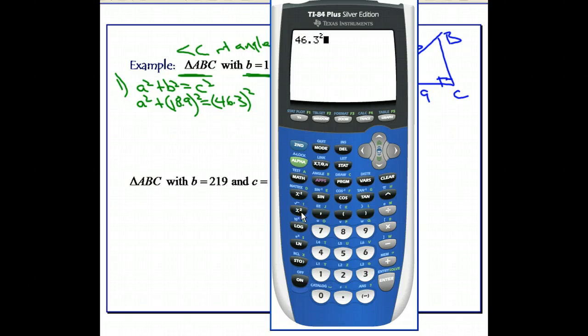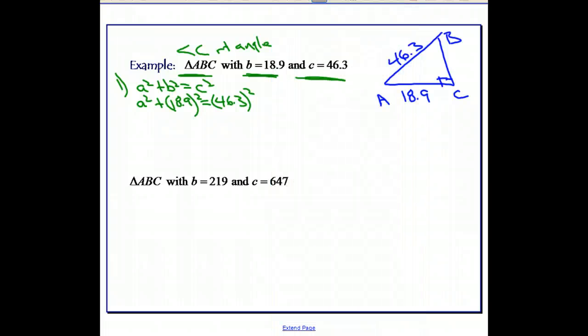I'll take off the 18.9 squared. That'll be my first part. Get that answer, and I'll take the square root of that. Otherwise, that's way too big of a side, isn't it? So square root of my answer. And what do we come up with? Side A is 42, and since everything else is rounded to the tenths, round this to the tenths, 42.3 for side A. So A is 42.3.